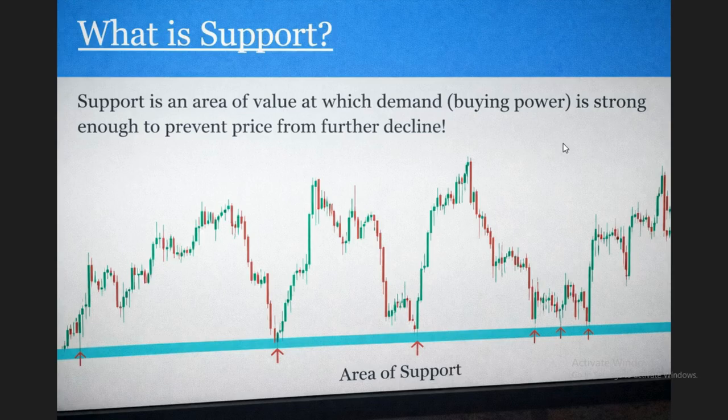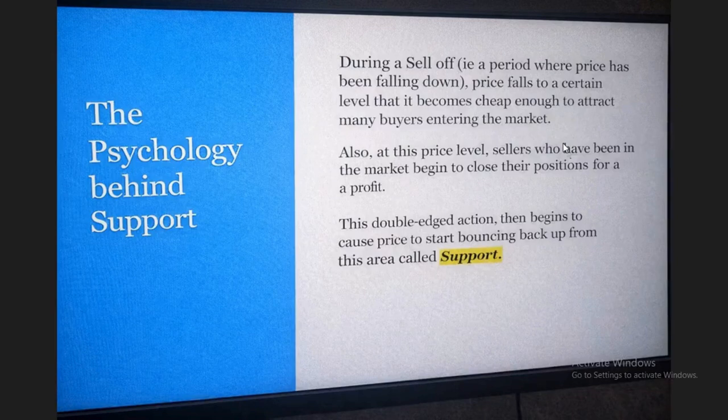You can see how price traded into that support area, bounced to the upside, came back to that same support area, bounced to the upside, came back the third time, and still bounced to the upside. So you can imagine how much a trader could have made around that area, trading support and resistance as a strategy. So we proceed.